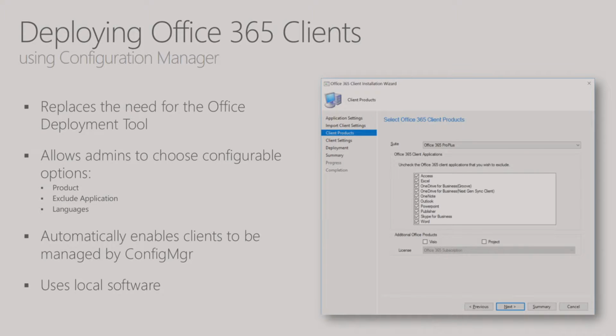So you can pick the actual product, the version, and the languages that I want to deploy, and start targeting them to my individual devices, or just have them advertised within your organization so users can go out there and download and install them. And I'll show you a bit of a demo of what that actually looks like.